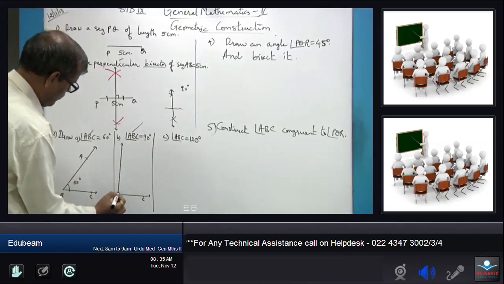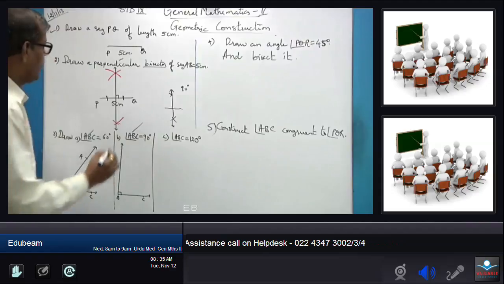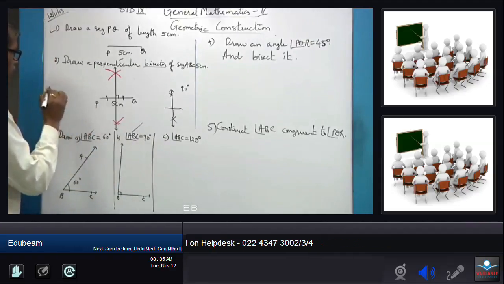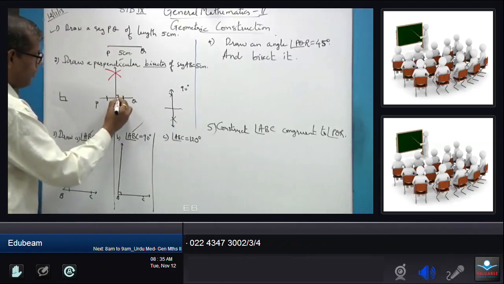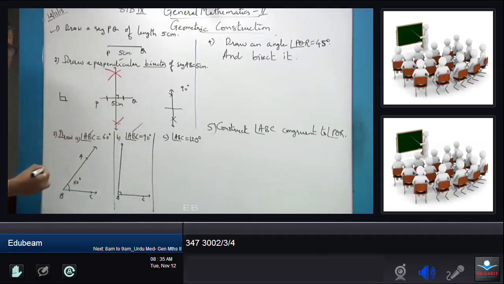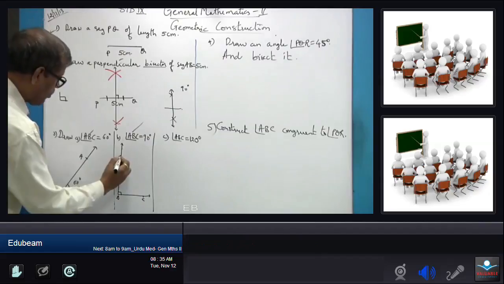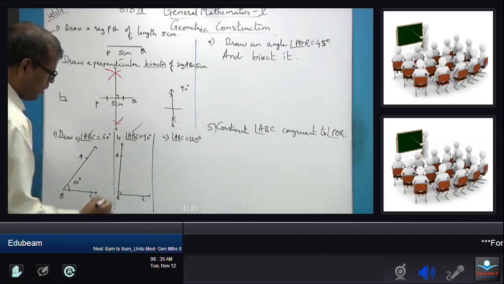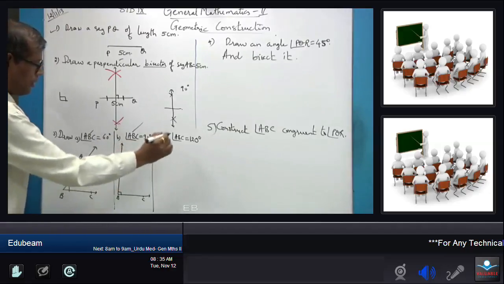0, 10, 20, 30, 40, and this is 50. Between 40 and 50 will be 45 degrees. So 45 degree will be here. Between 40 and 50, this is your 45 degree. Mark it here, and that will be your 45 angle.